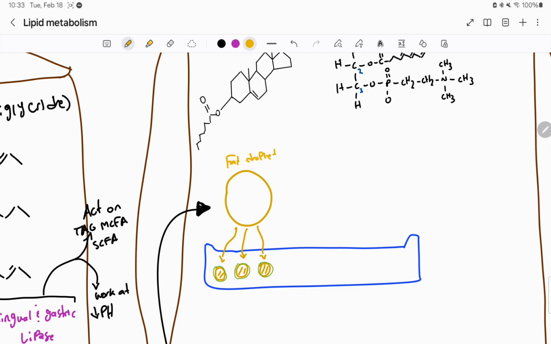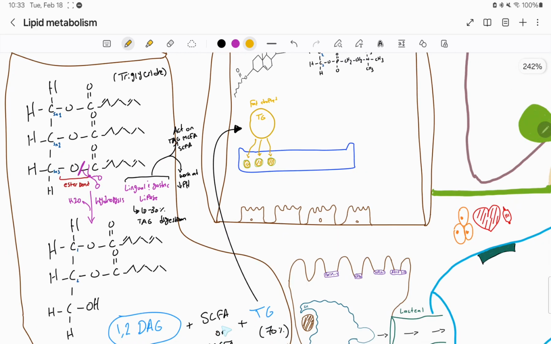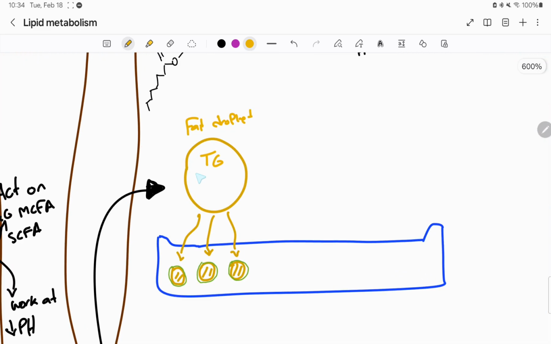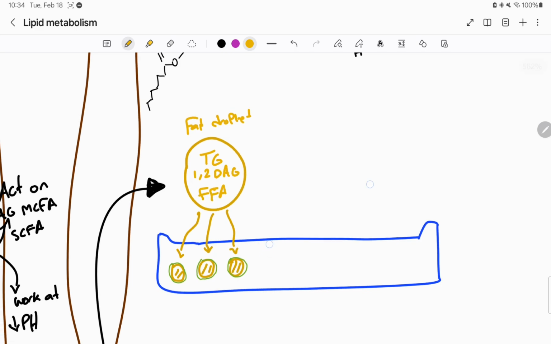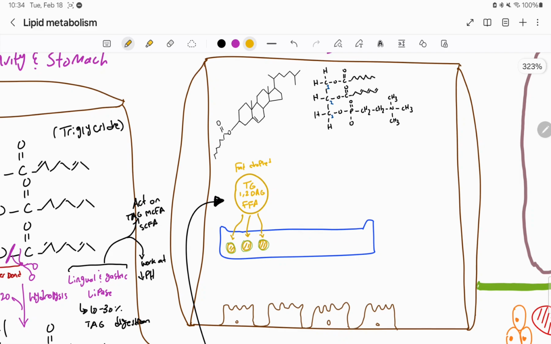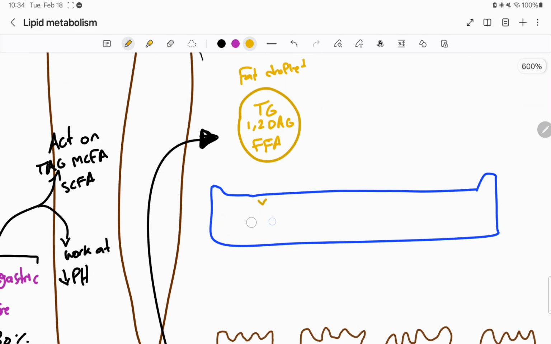That fat droplet consists of those triacylglycerols that we just had, the fatty acids, and the 1,2 diacylglycerol. So we can write that down: the 1,2 diacylglycerol and the free fatty acids. Awesome, guys. Now, let's get rid of all of this.